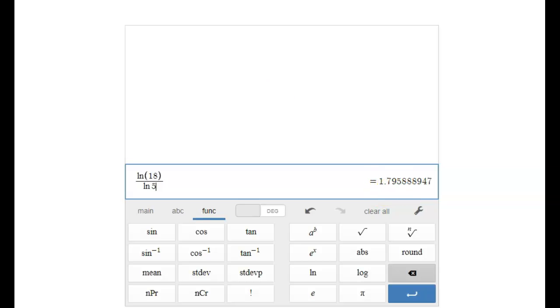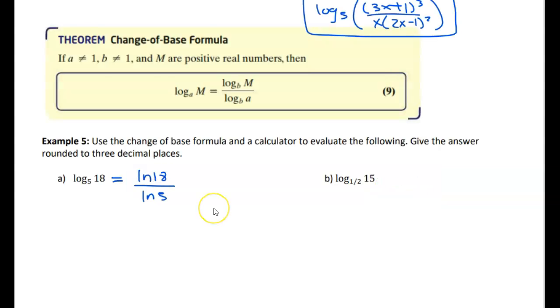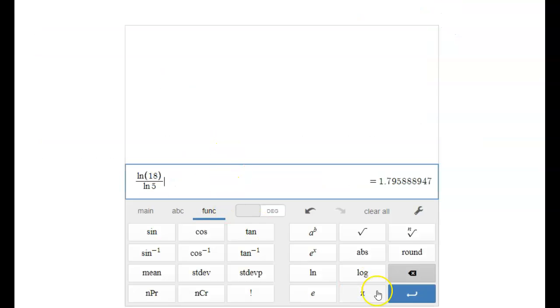1.80. Right? I could have also gone log of 18 divided by log of 5. That gives me the same thing.